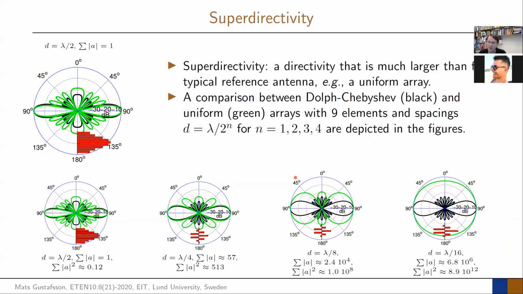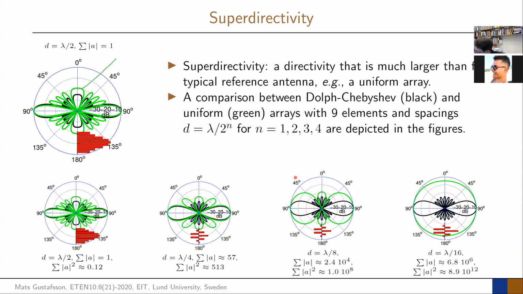So same thing here as an example. You have a property that the directivity is much better than a uniform array. So if we compare this Dolph-Chebyshev array now for different spacings with a uniform, the uniform is the green color, and the black one is the Dolph-Chebyshev with this spacing.